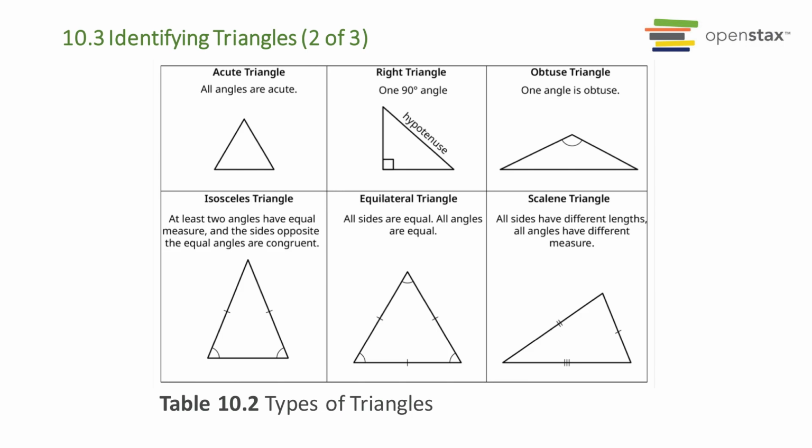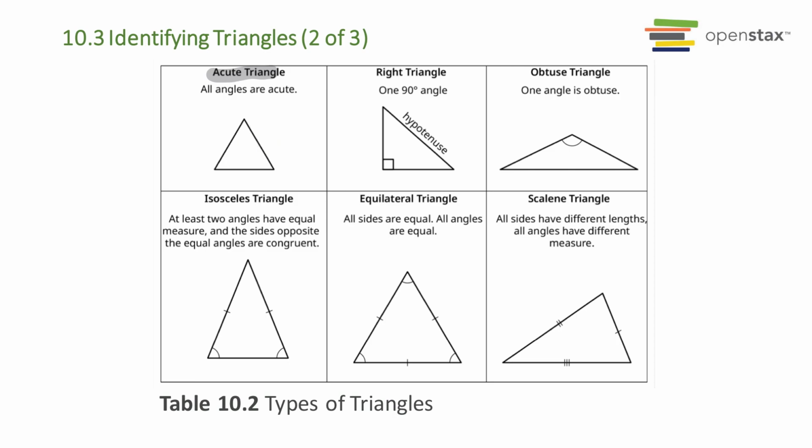So triangles are classified based on their angles or their sides. We talked about the angles. Acute triangles are triangles where all of their angles are less than 90 degrees. For example, a 60-60-60 triangle, where all of the angles are 60 degrees, would be an acute triangle.